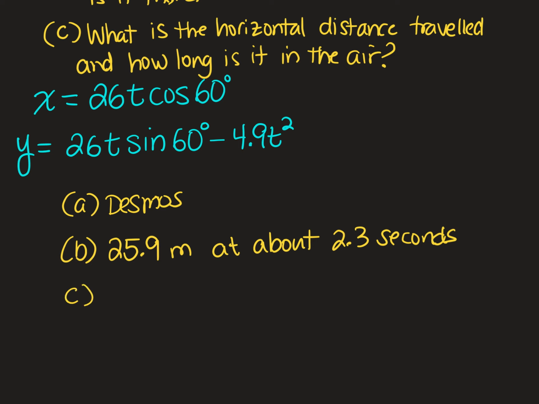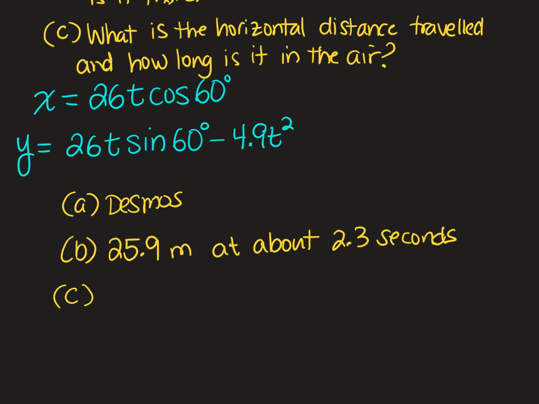All right, and then C, we're going to figure out what is the horizontal distance traveled and how long it is in the air. Looking at the graph, at first glance, it looks like it traveled about 60 meters. Let's try to get a better estimation by zooming in on Desmos.